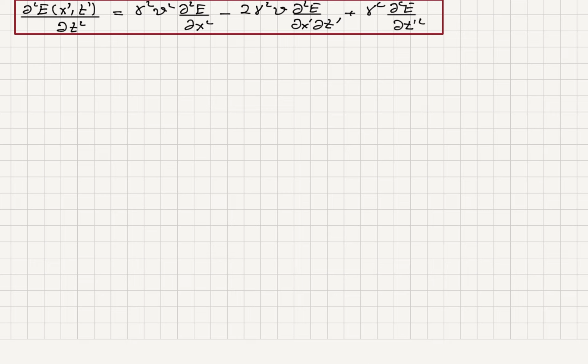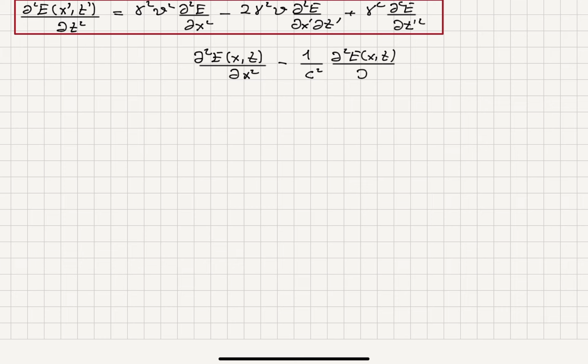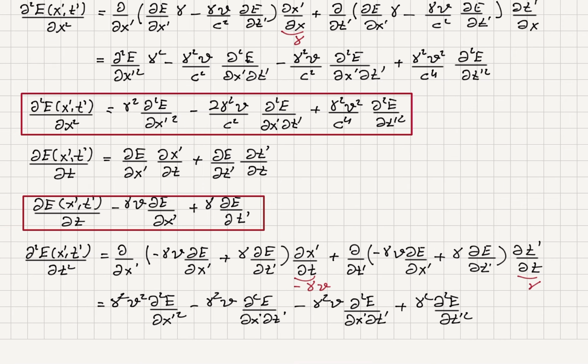Now, what was the original wave equation in the S reference frame? ∂²E(x,t)/∂x² minus 1 over c² ∂²E(x,t)/∂t² is equal to 0. Now for ∂²E(x',t')/∂x², I'm going to substitute this result.